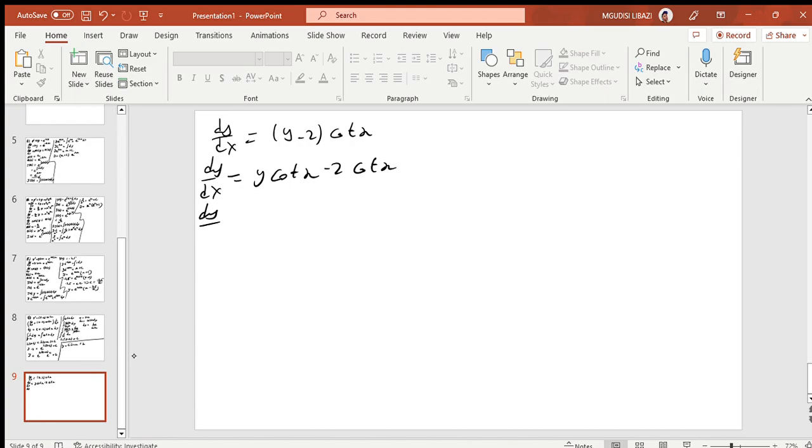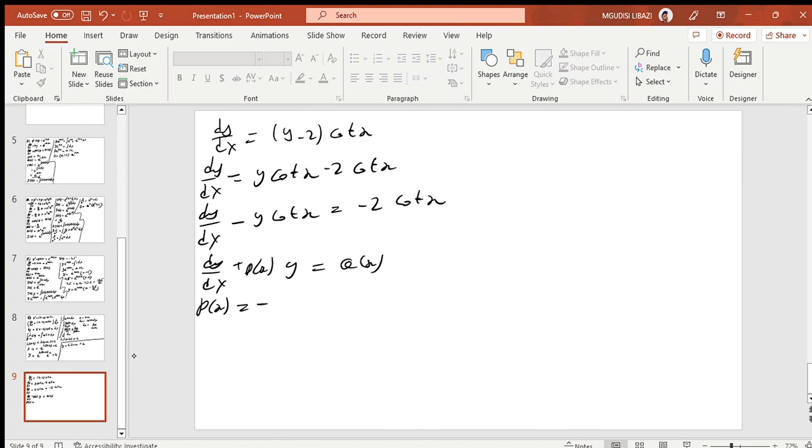So you can say dy over dx minus y cotangent of x is equal to negative 2 cotangent of x. So we can view it like that, so that we can say now dy over dx plus p of x multiplied by y is going to be q of x, where we can say our p of x is equal to negative cotangent of x, and then our q of x is equal to negative 2 cotangent of x.